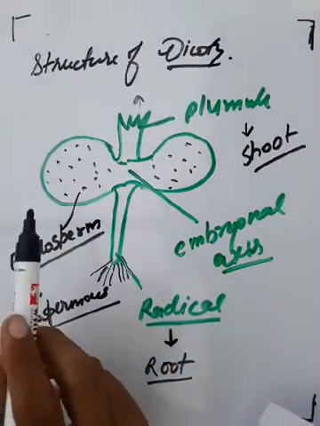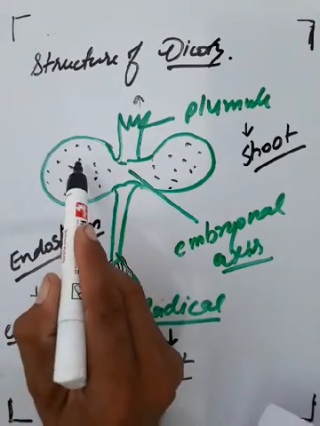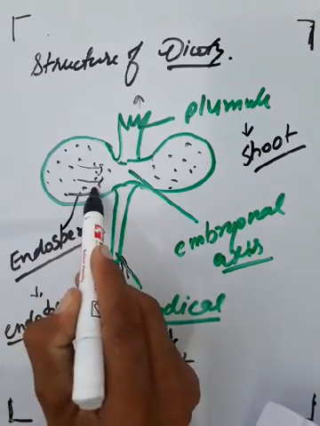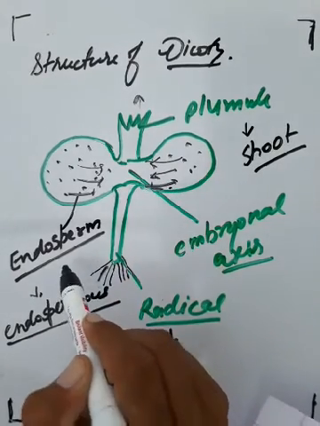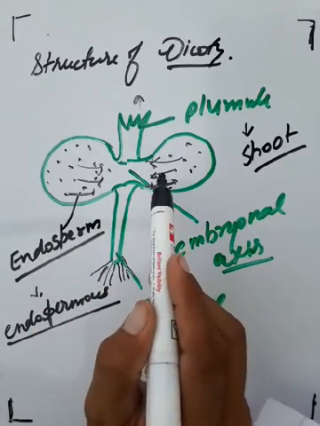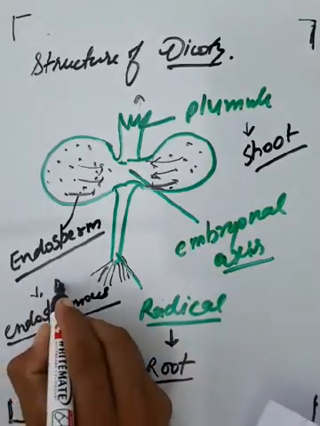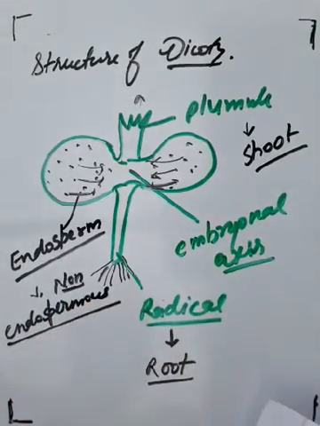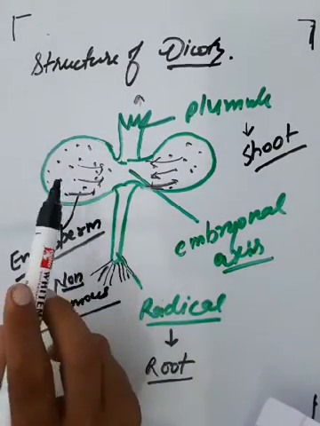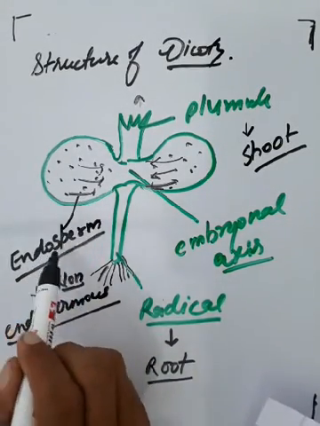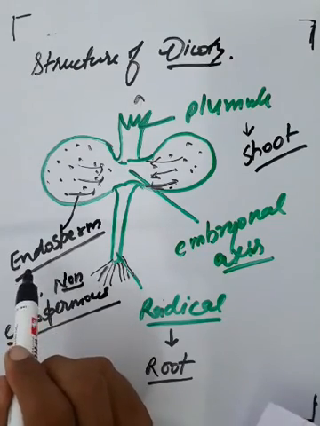And in some types of seeds, during germination, that endosperm is totally used. These are known as non-endospermous seeds. There are two types of seeds, monocotyledon and dicotyledon. In both, there is a nutrition medium in the form of endosperm.